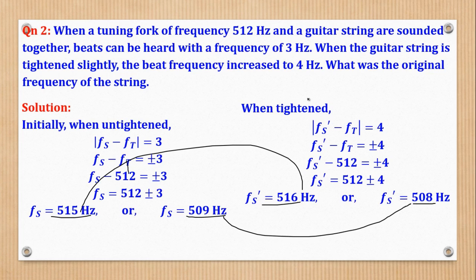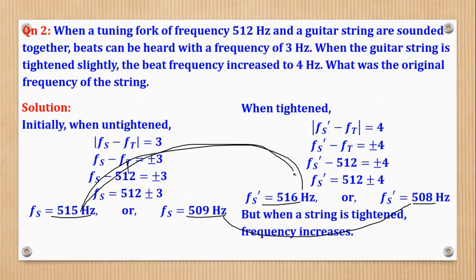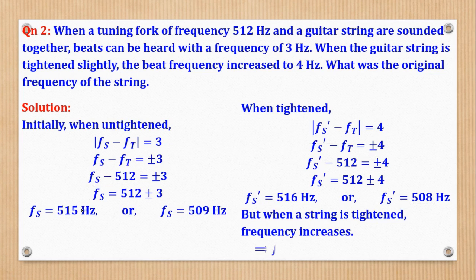Now because the string was tightened, frequency must increase. So if you look at this, from here to here it increased, from here to here it reduced, meaning this is not required and this is required. So you come and conclude that Fs cannot be this, therefore it is that, and that's what they wanted.